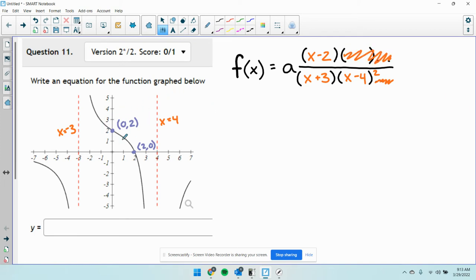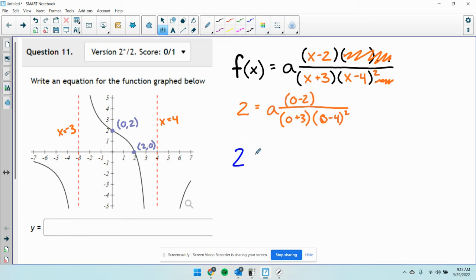Now I just have this last piece of the puzzle, which is when x is 0, y is 2. I'm just going to substitute in 0 for x and see what I get, and that will tell me what a needs to be. So f of 0 is going to equal 2. So I get 2 equals a times 0 minus 2 over 0 plus 3 times 0 minus 4 squared.